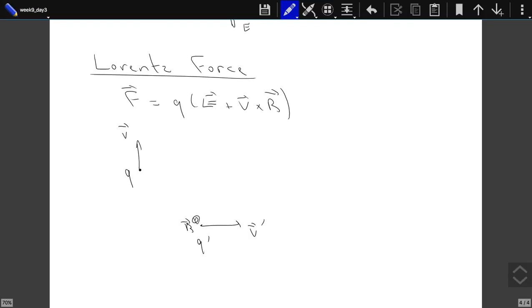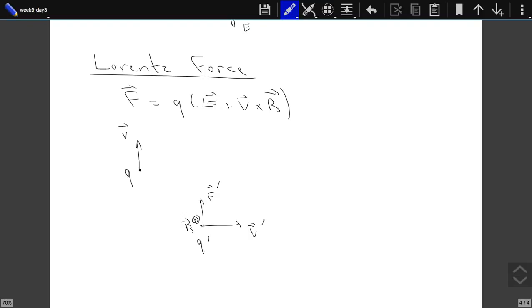Now, what is the direction of the force acting on Q prime due to this B? It cannot be outward. It has to be perpendicular to both V and B. It has to be in the screen. We see V cross B is upward. This is the force acting on Q prime.